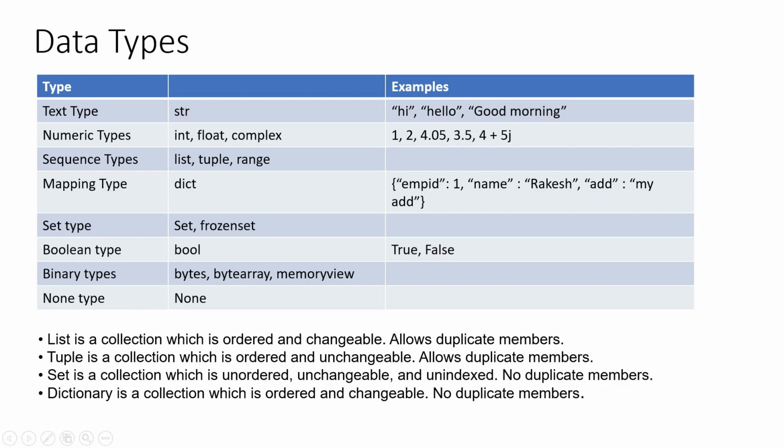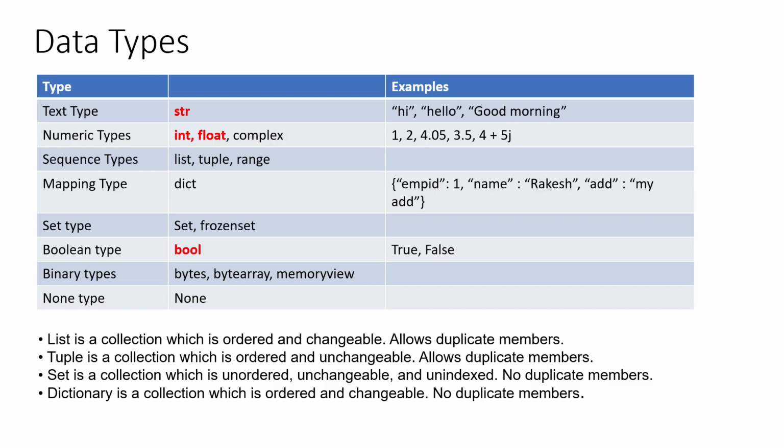Then we have sequence data types like list, tuple, and range. We have the mapping data type, dictionary, wherein there is a key value pair. Then we have sets, boolean, binary types, and finally the null type. We will look at all these data types in detail in our coming sessions.